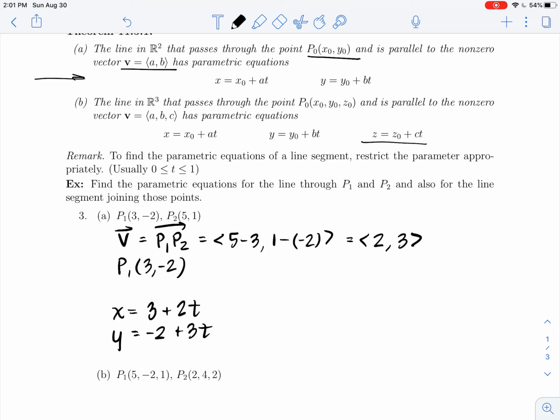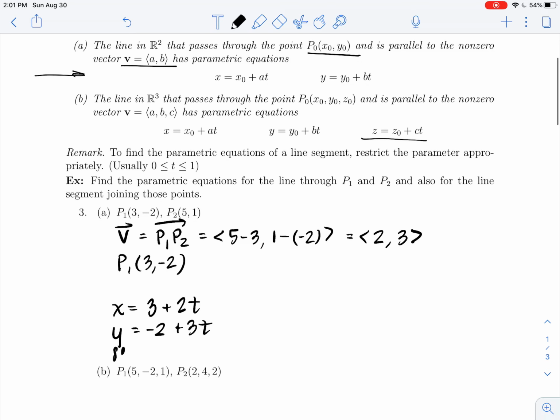If we just want the line segment, all we need to do is restrict our parameter t. So notice if you plug in 0 for t, here and here, you're going to get P1 back out because that was your starting point. So the t terms will 0 out and you'll get 3, negative 2.